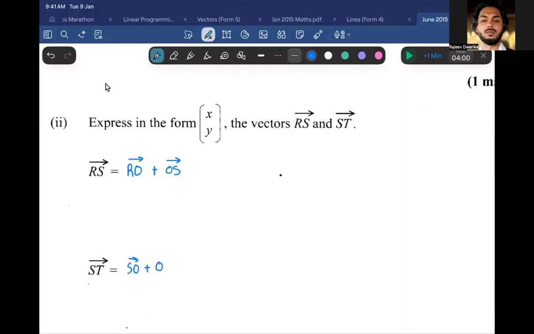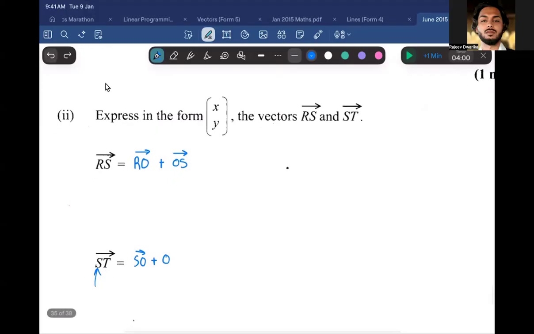You want to go from S to T. Yes. So we start off at S, we go into O, and then from O, where do you want to end up? Where do you want to reach? T. Yep. So S to O plus O to T.